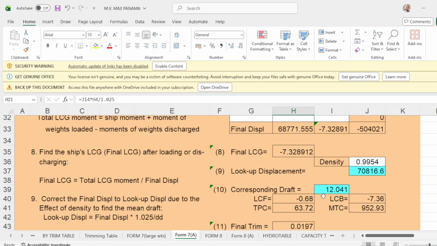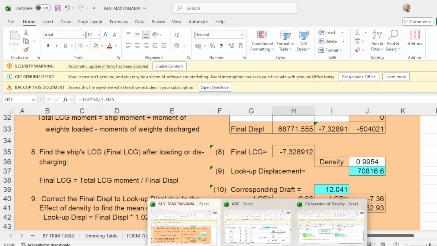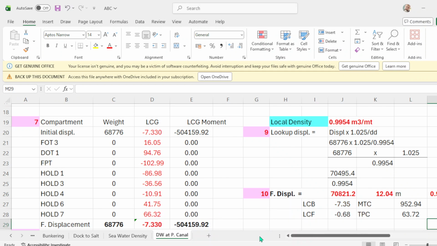And with this drop, you look for LCF, TPC, LCB, MTC. Okay? So your final drop is 12.04. LCB is negative 7.35.